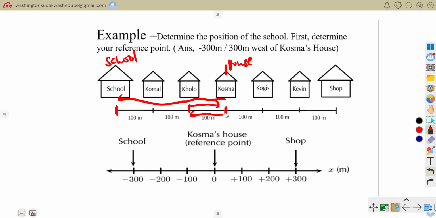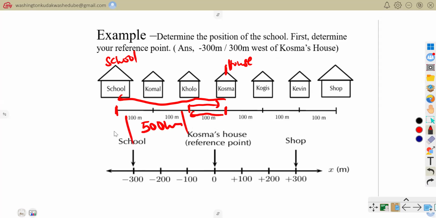But how much distance did he cover? What was the total length that he moved from the moment that he left his house initially up until he reached the school? Even though he had been called back by his father, you would see that he moved 100 meters plus 100 meters back, which is now 200. And then he later moved another 300. So his total distance that he moved is 500 meters.